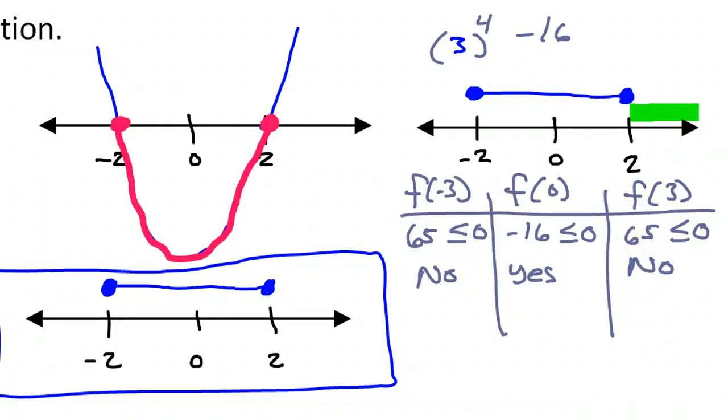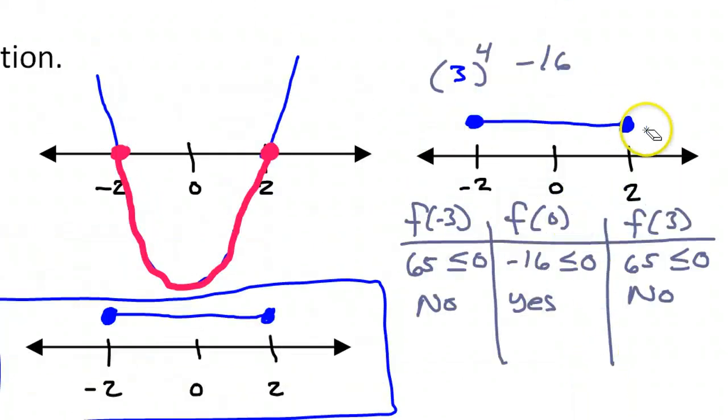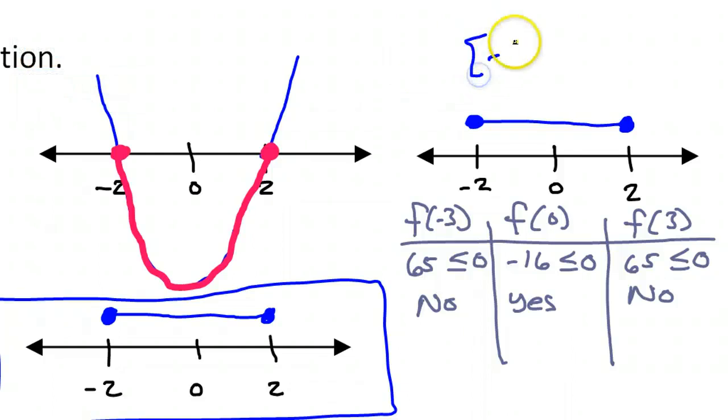So again, that means that these green values are not solutions to the problem. Okay, so that leaves us with this, and then we could easily translate that into interval notation, just like we did before. So -2 to +2. So that's how you could do the problem using test values.